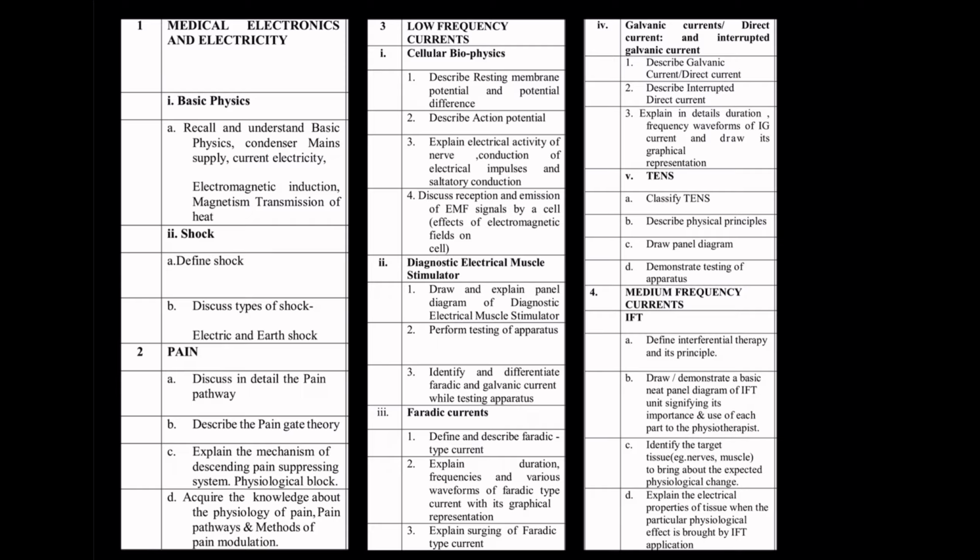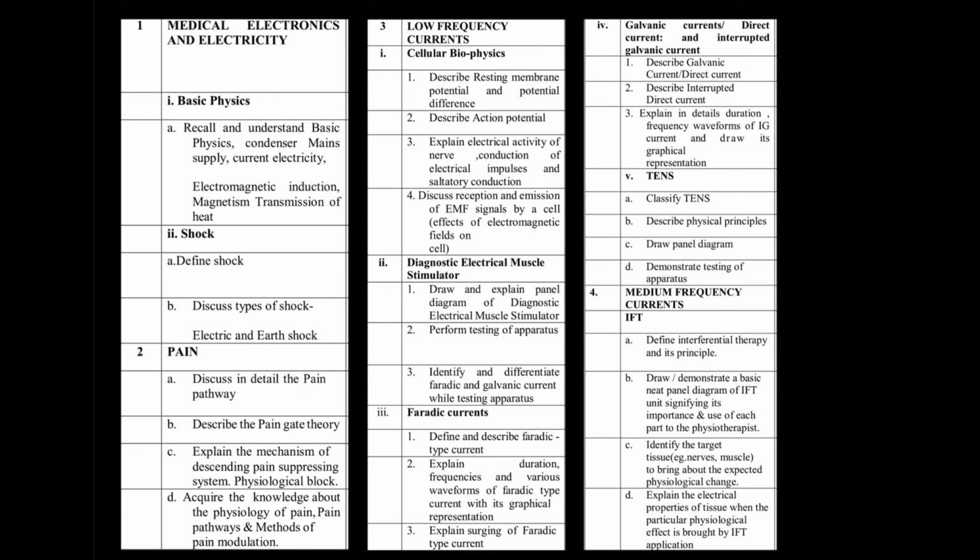Then regarding the diagnostic electrical muscle stimulator, you don't have much part of it in any sort of textbooks, but mainly in this year you have to focus on the testing part, and it also includes Faraday and galvanic current. So Faraday currents, again, you can find it in any book.